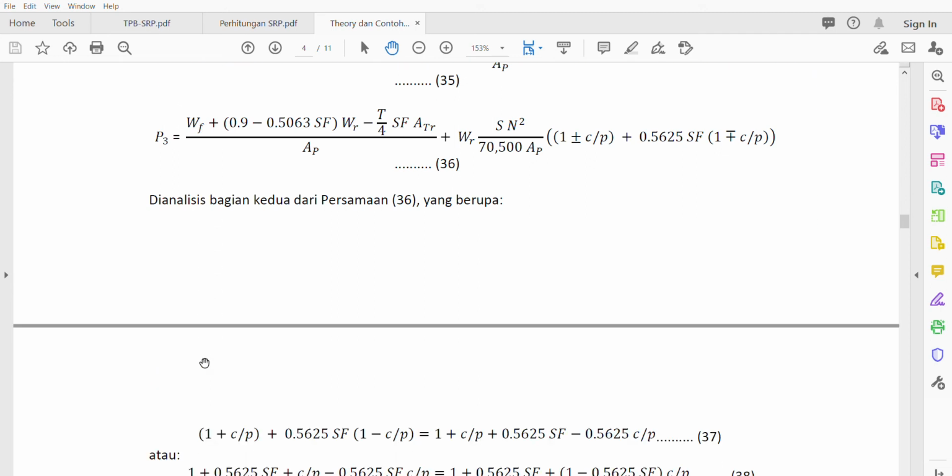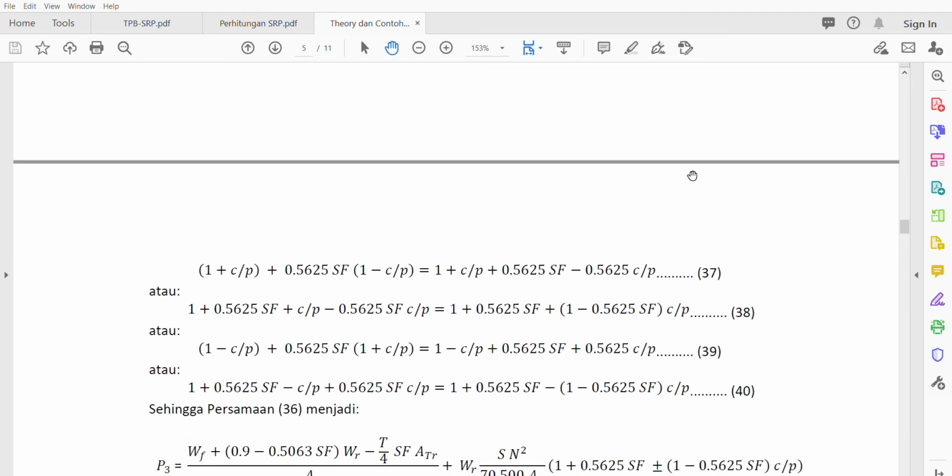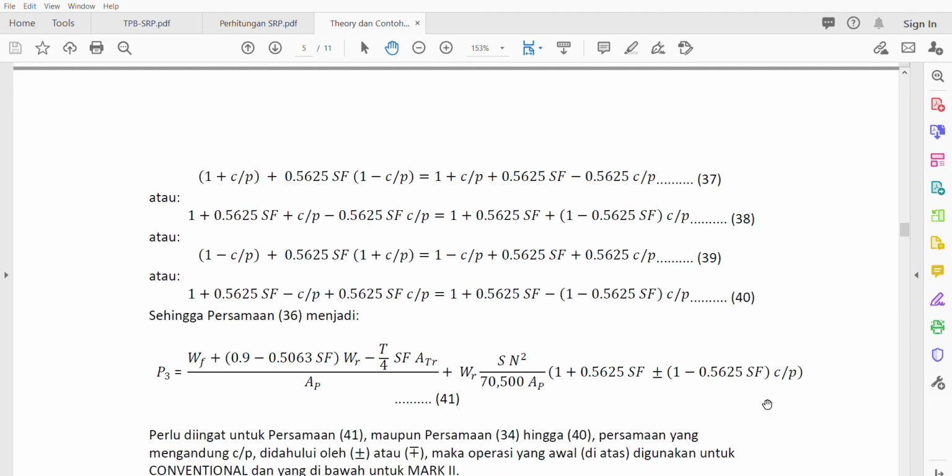Okay, and we divide it by 2, so we see one side only, this side. So if we have a plus, we have a minus, so we part of it, this one. And then we end up with this long equation. Okay, and after we derive everything, we end up with number 41.